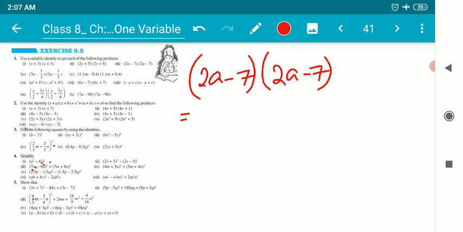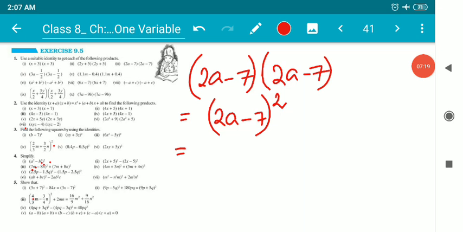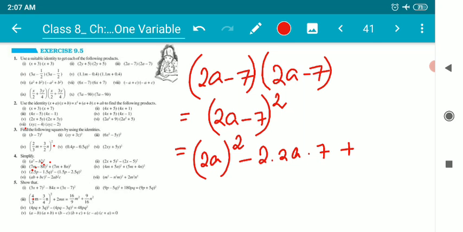So in the place of these, we can simply write (2a minus 7) whole square, and we are going to apply the identity of (a minus b) whole square. The formula is a square minus 2ab plus b square.